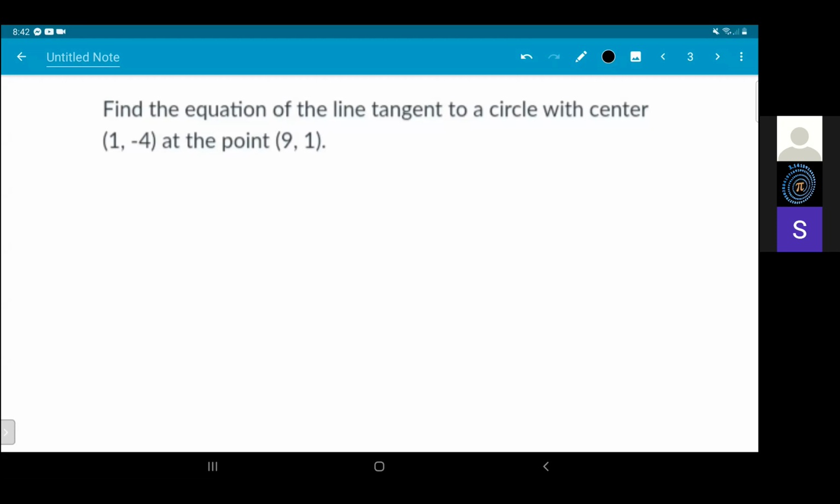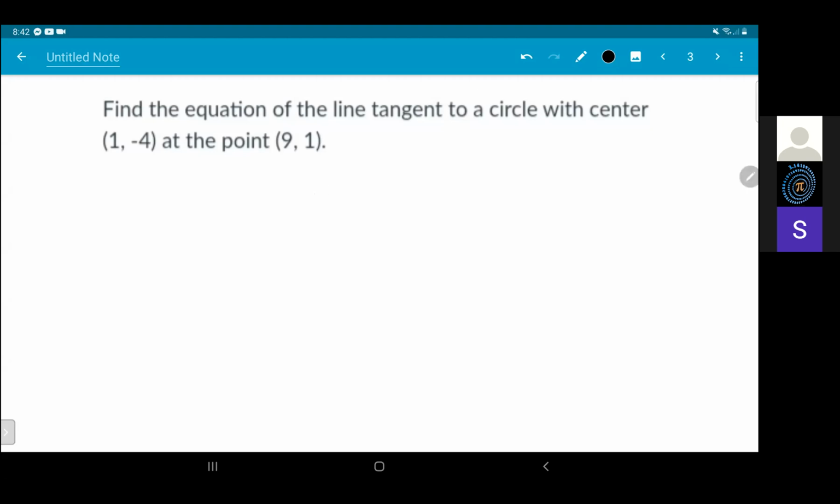So you have to directly solve the problem using the technique I taught, or the geometric property between the tangent of a circle and the radius of the circle.